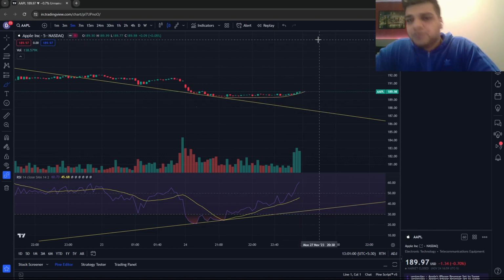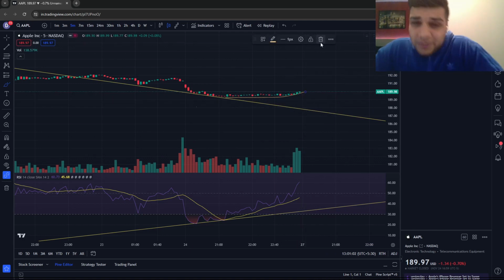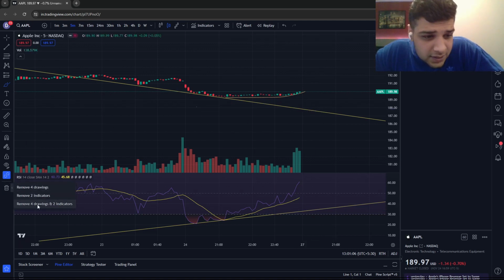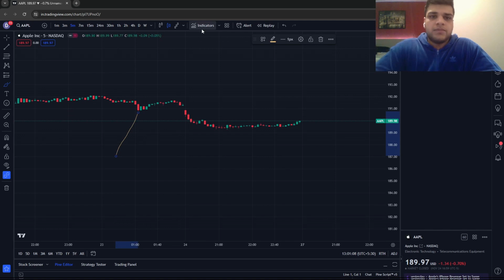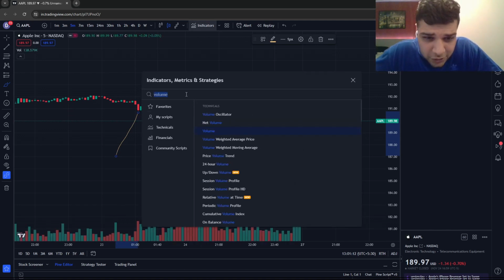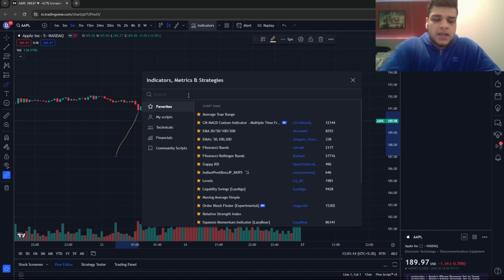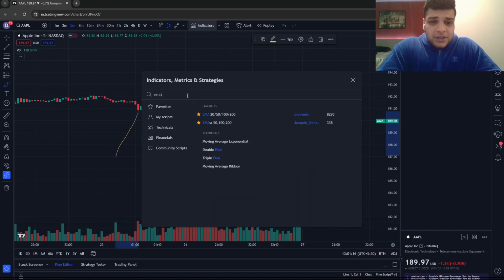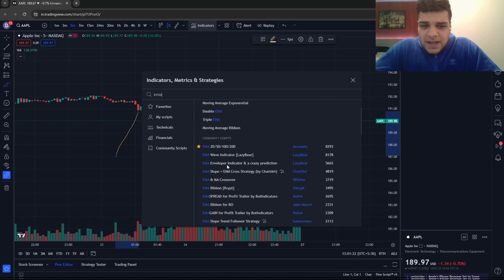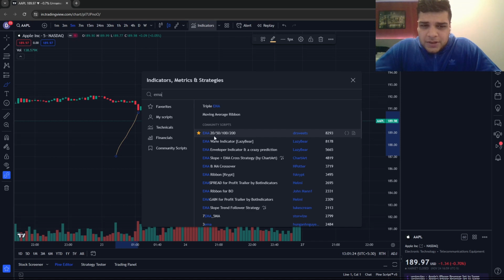Now, moving on to another, let me just clear this stuff and add the volume back because honestly that should always be there. Moving on to another very important basic indicator, you can use the triple EMA here, but I personally use the EMA 20, 50, 100, 200.